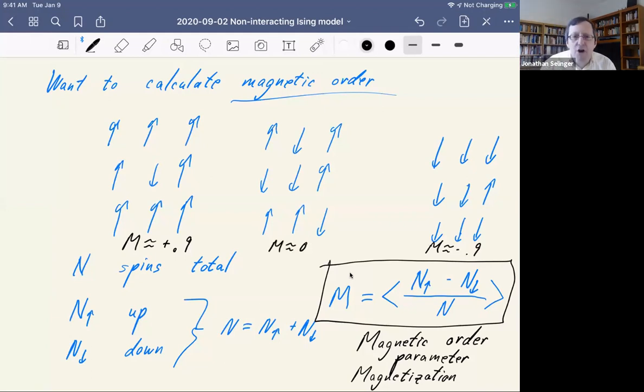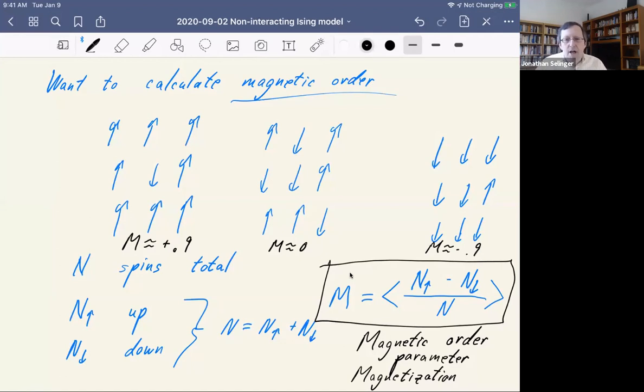Okay. So at this simplest level, I want to just characterize the magnetic order with this one number, okay? And so this is the kind of number that somebody might measure experimentally, right? If they're doing some kind of magnetic experiment in the lab.